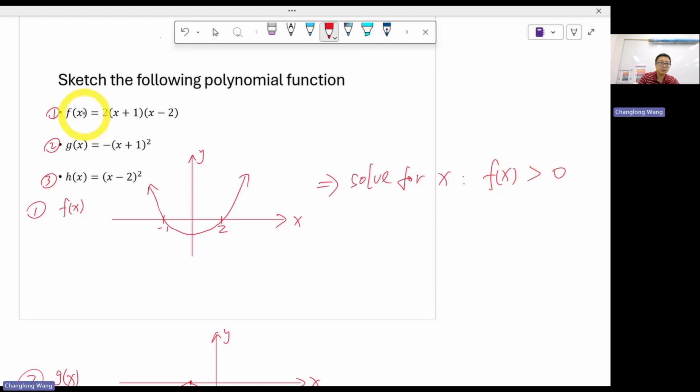By f of x, I mean 2 times x plus 1 times x minus 2 greater than 0.